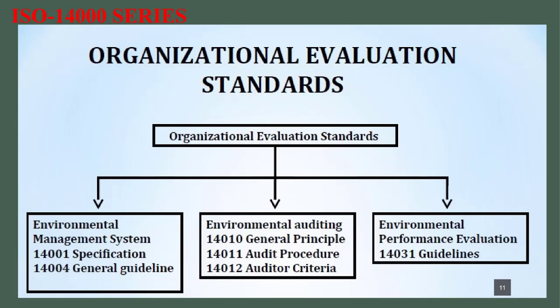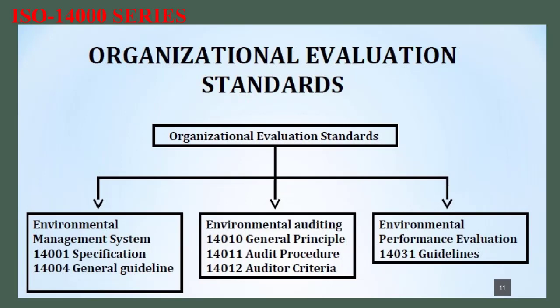If we look at environmental management system, we have two standards, that is 14001 and 14004. 14001 deals with specification, 14004 deals with general guidelines. When we come to environmental auditing, 14010 deals with general principles, 14011 deals with audit procedures, 14012 deals with auditor criteria.